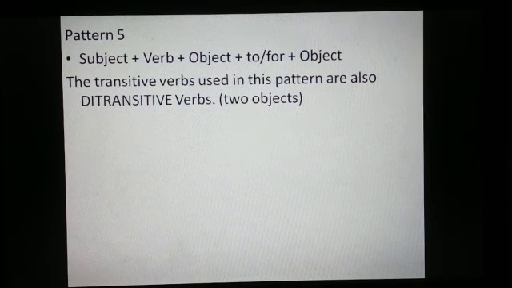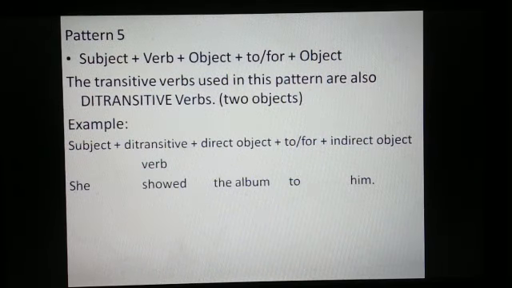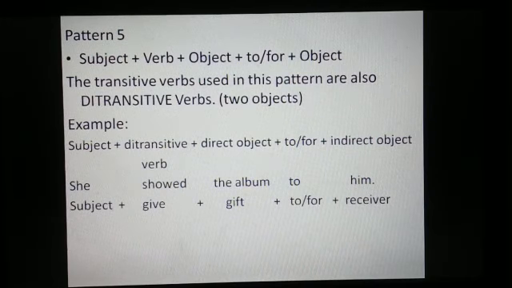Now, to help you understand the pattern, let us see an example. This is your pattern: subject, ditransitive verb plus direct object, to and for, these are the prepositions we use, plus indirect object. Now, if we put a sentence in this pattern: she showed the album to him. Here, she is the subject, showed is the ditransitive verb, the album is the direct object, which is the gift.